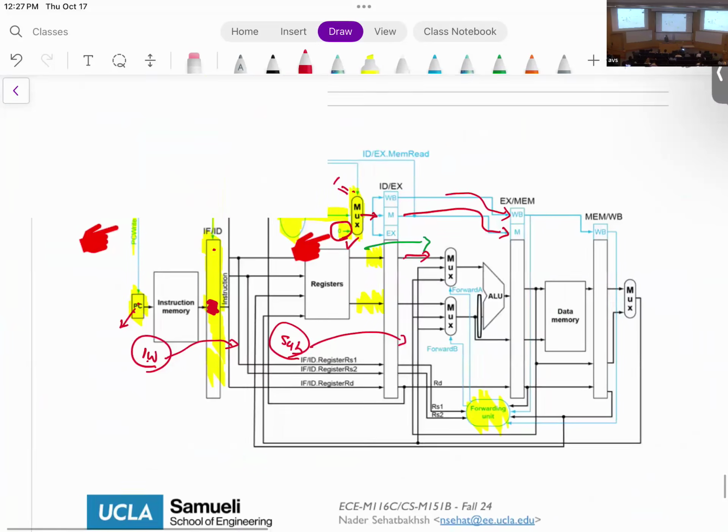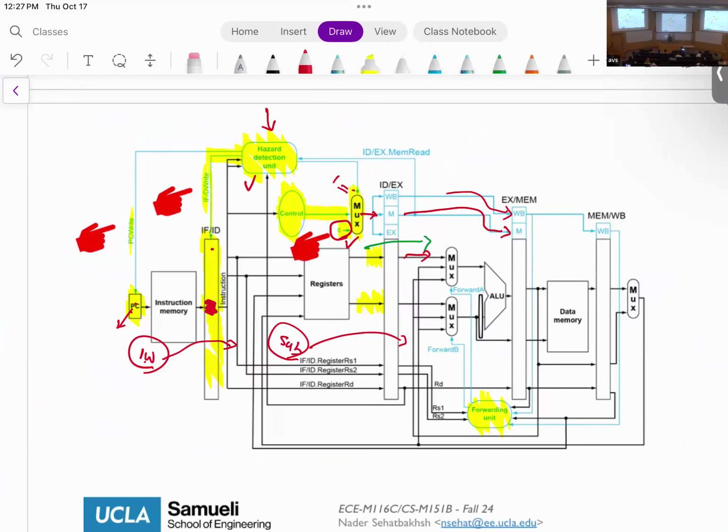I have added these 2 units, hazard detection and forwarding. Forwarding decides when to replace the values here. And the hazard detection unit decides when to freeze these 2 registers and when to push a bubble inside my pipeline. Okay? Any questions?